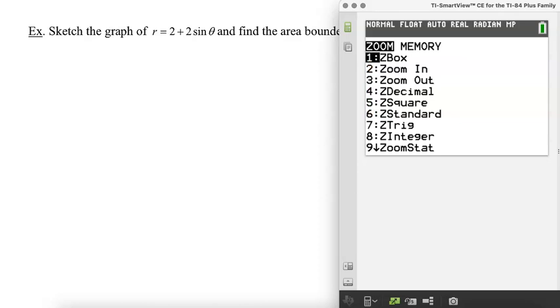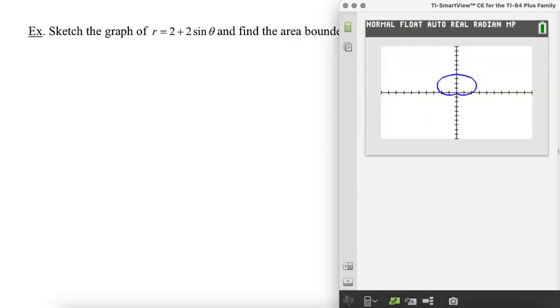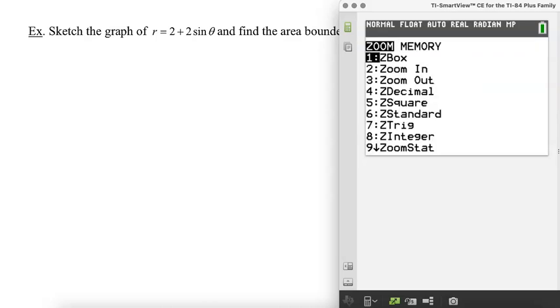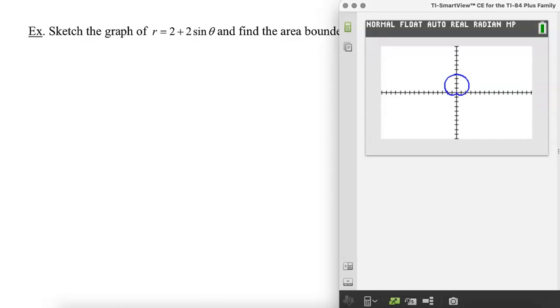Something that you can do to make your zoom a little bit prettier, because usually you'll pull it up and it'll look something like this, but that's not really what the picture looks like, because notice your Y ticks are very much closer than your X mark ticks. And if you hit zoom square, it will make both of them the same amount of distance. So you'll actually see what it will look like. If you want to zoom in a little bit, you can choose zoom in, and then you press enter where you want to zoom in.